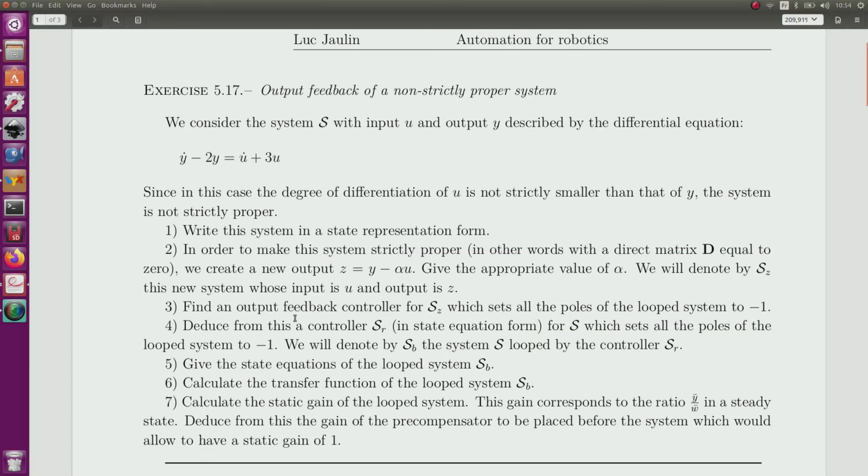Question number 3, I have to find an output feedback controller and to place the pole at minus 1.